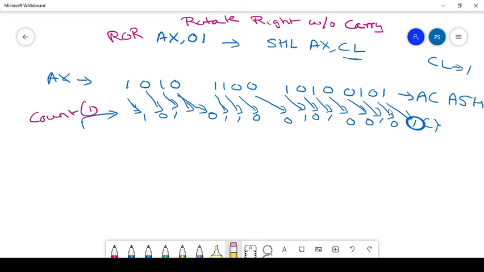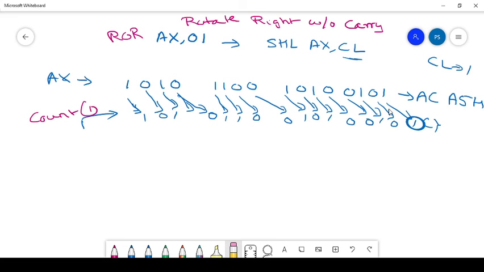So each bit will be shifted left by one position. 0 1, this will be 0, next 0, 1, 0, this becomes 1, 0, 0, 1, this moves to 1, 0, 1, 0. This MSB is moved to the carry flag as well as simultaneously rotated to the LSB. So this will be the answer for ROL, that is without carry.